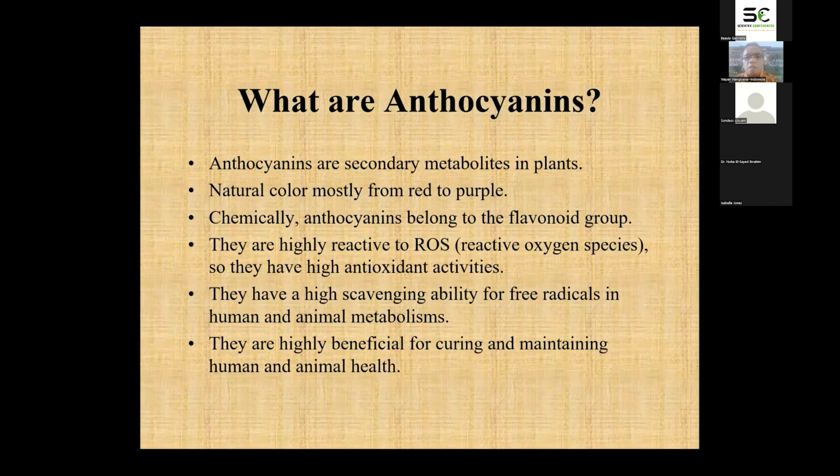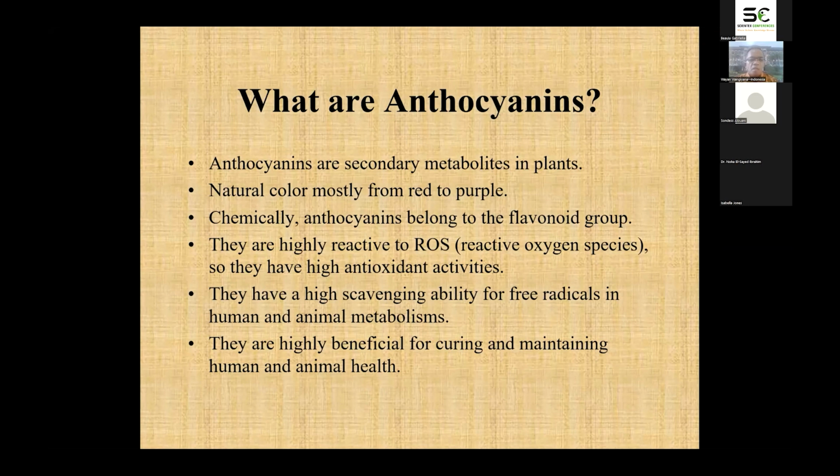What are anthocyanins? Anthocyanins are actually secondary metabolites in plants, and the plants produce them for their own use. They are natural colors, mostly from red to purple. Chemically, anthocyanins belong to the flavonoid groups.